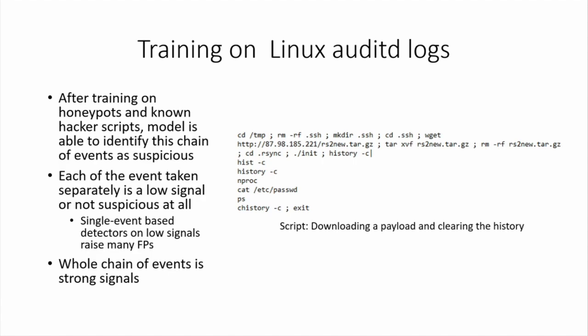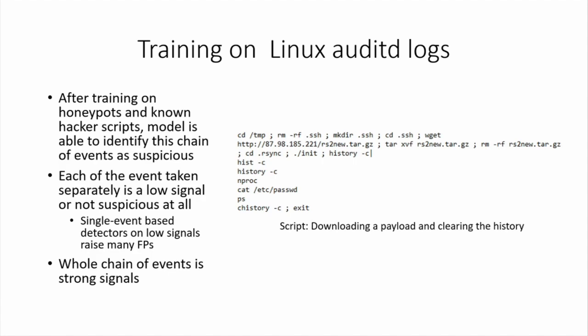It was very nice to see that it was very straightforward to adapt the code that we did on Windows events to other kinds of events like Linux auditd logs. It was exactly the same neural network architecture and exactly the same model that we are using, but just with different labels.